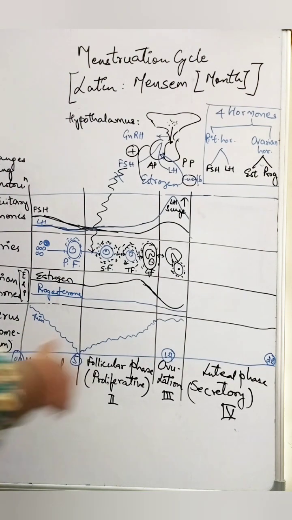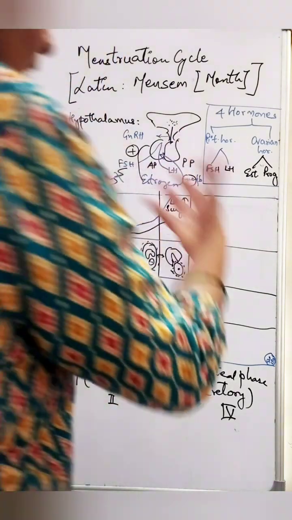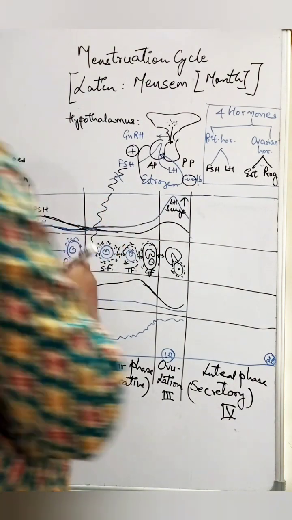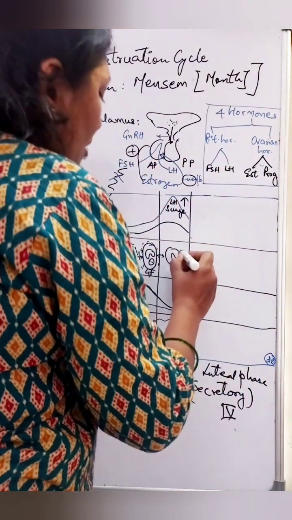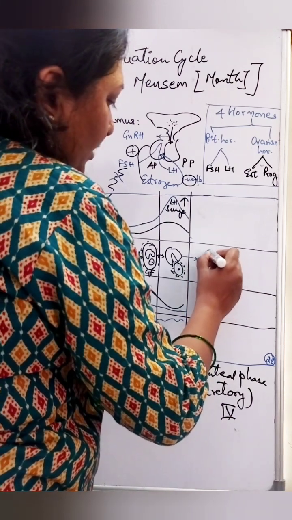When the ovulation phase finishes, the Graafian follicle which is ruptured gets converted into the yellow body, which is called the corpus luteum.